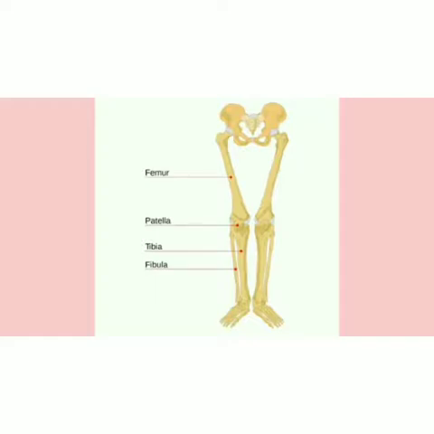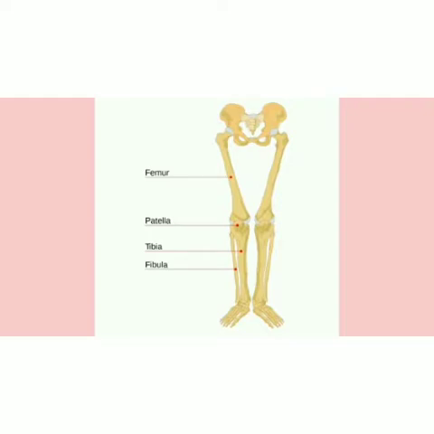Next one is the arm bones. Arm bones means hand bones. We have in the upper arm one single cylindrical bone, which is very hard and strong. This bone is called the humerus. The upper arm bone between the shoulder and the elbow is called the humerus. And there are two bones, namely radius and ulna, present between the elbow and the wrist.